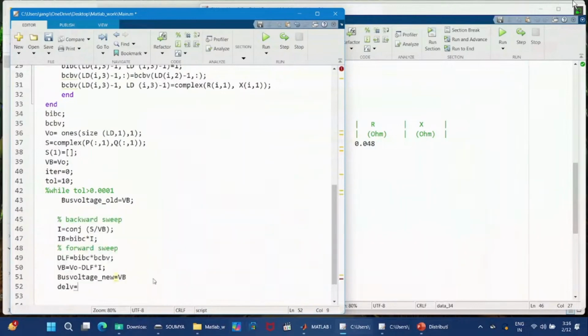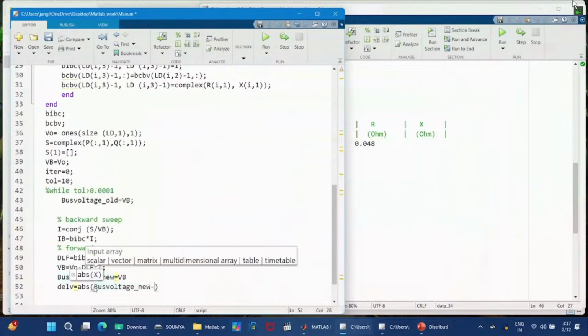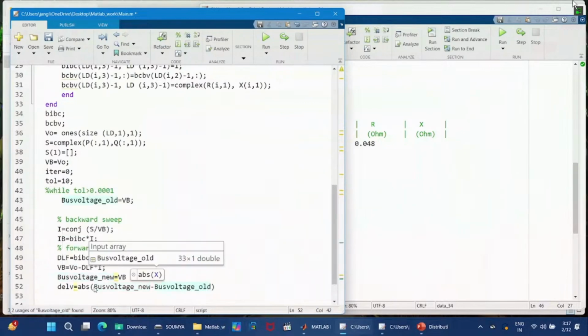Del B value is supposed to be the absolute value. Can we write it this way?